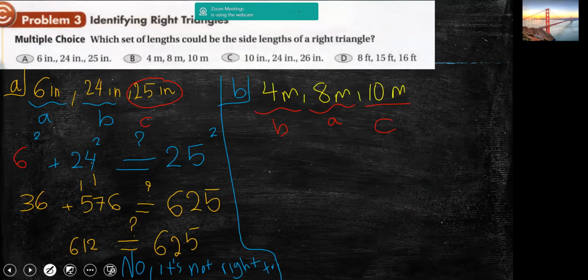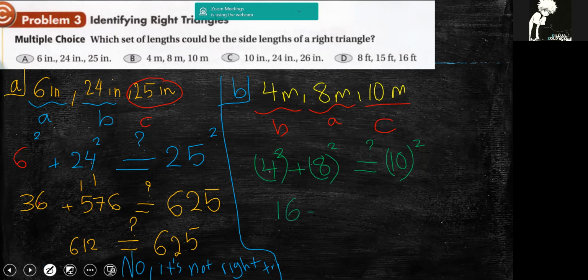So I want to see now if 4 squared plus 8 squared equals 10 squared. 4 squared is 16, and 8 squared is 64. Are they equal to 100?